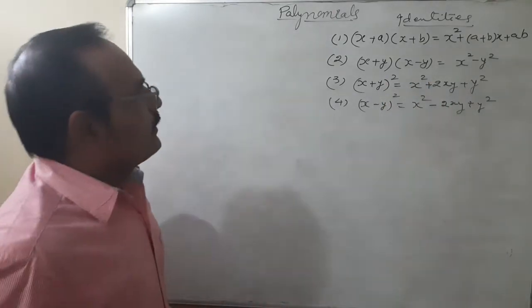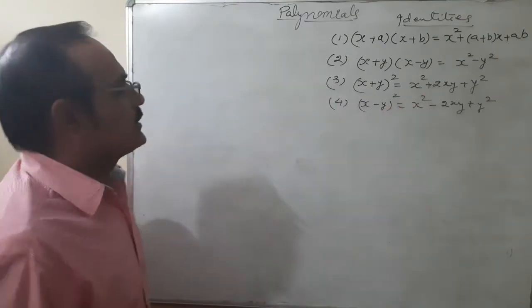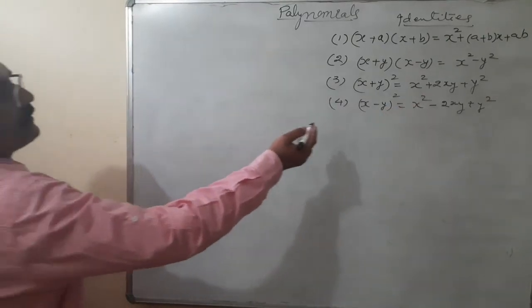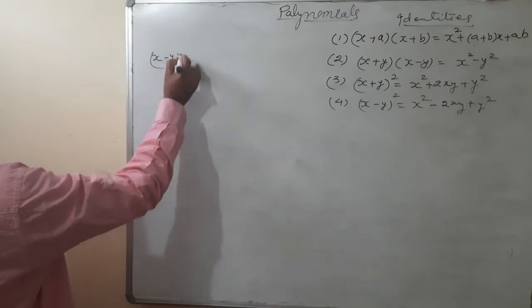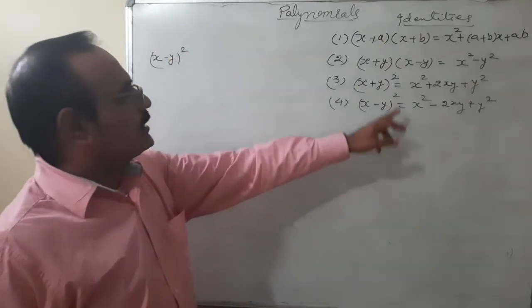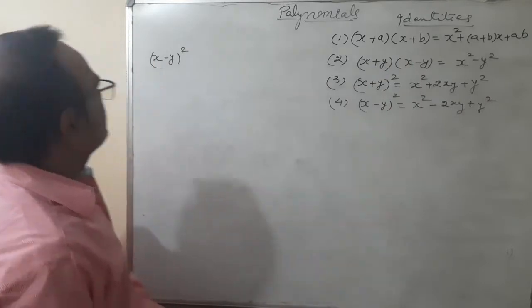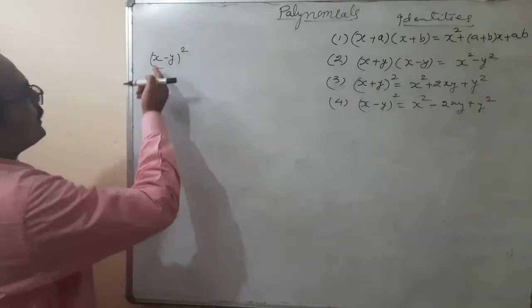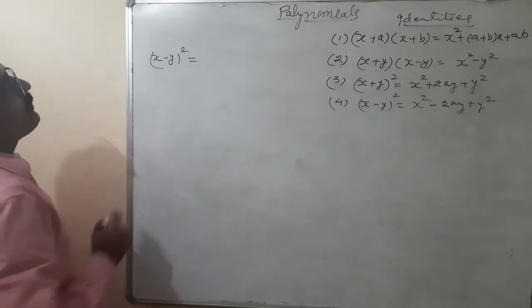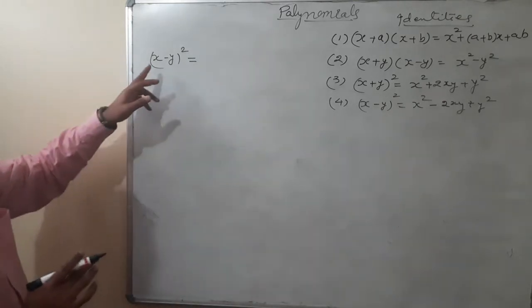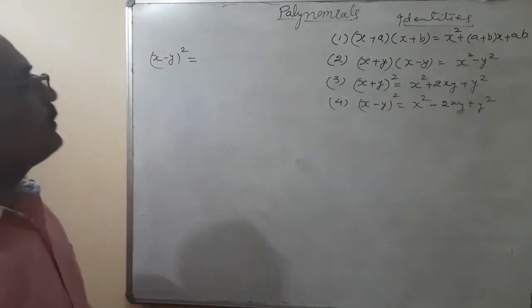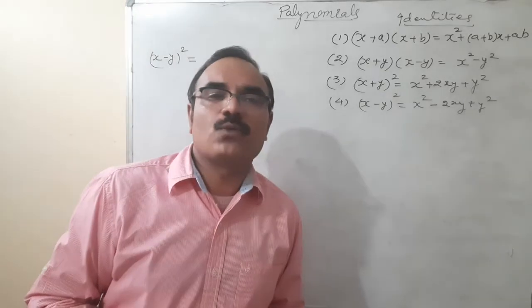Okay. Again, I am proving this identity. I am proving (x minus y) whole square, because if I prove this, the third is automatically proved by yourself. There is no problem in that. (x minus y) whole square, what does it mean? It means (x minus y) multiplied by (x minus y).